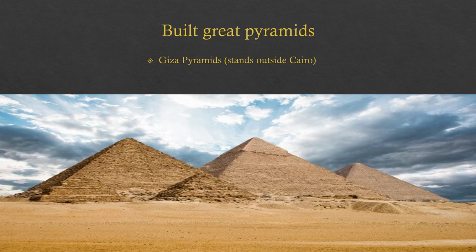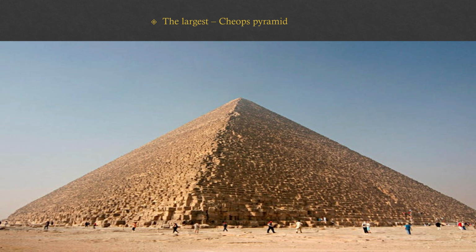We also know that the Egyptian people built the Great Pyramids, such as the Giza Pyramid, which stands outside Cairo, their capital. The largest one of the Giza Pyramids is the Cheops Pyramid.